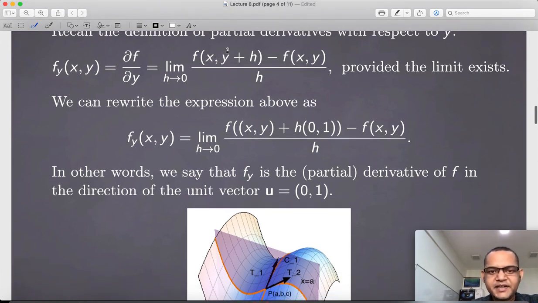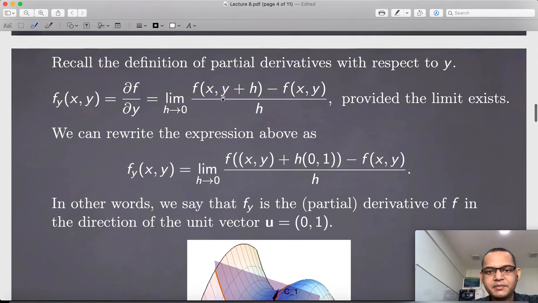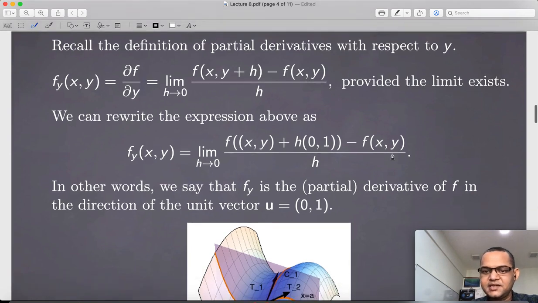Now if I rewrite this, (x, y+h) can be written like this: x and y is the point, so you put it together, and y plus h can be obtained by taking the scalar h and the vector (0, 1). And then this is as it is.